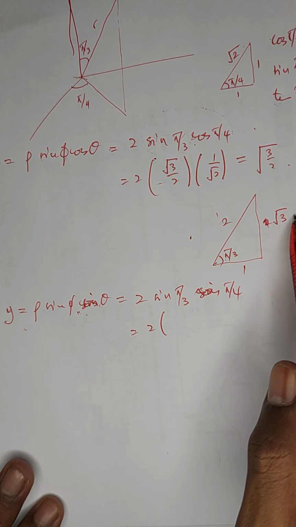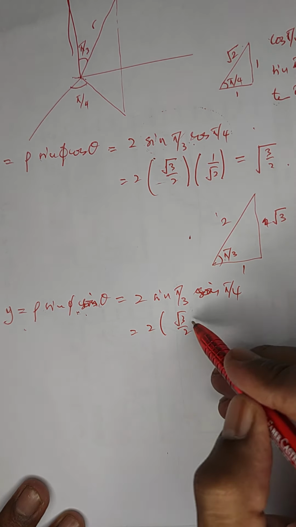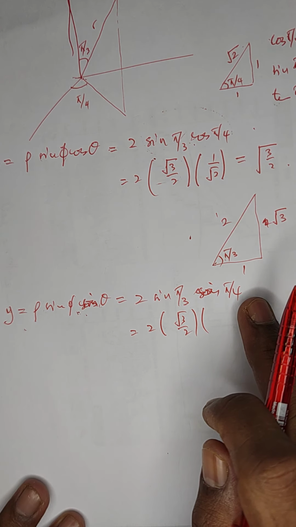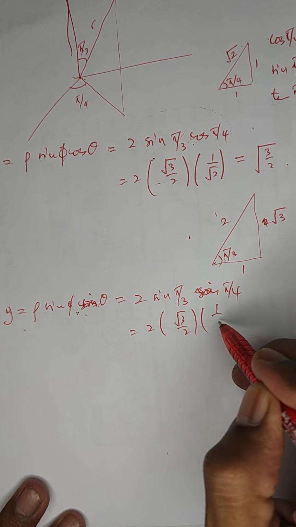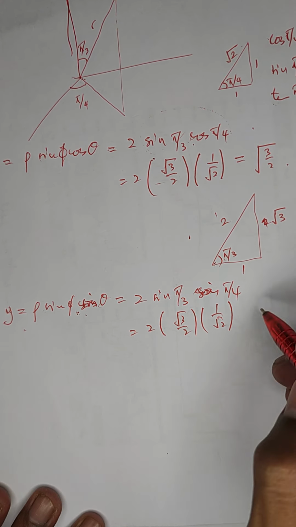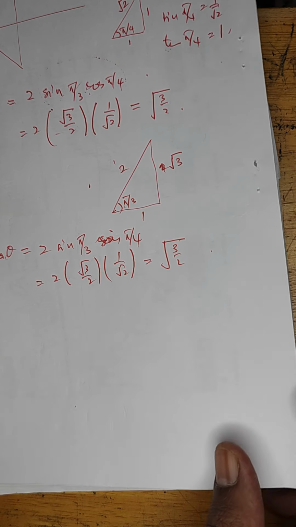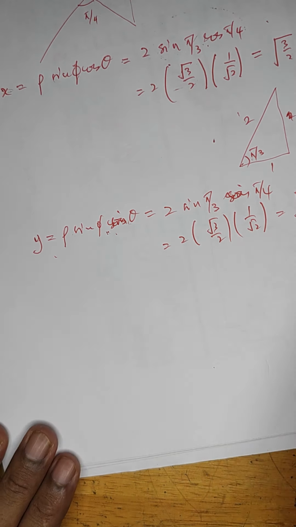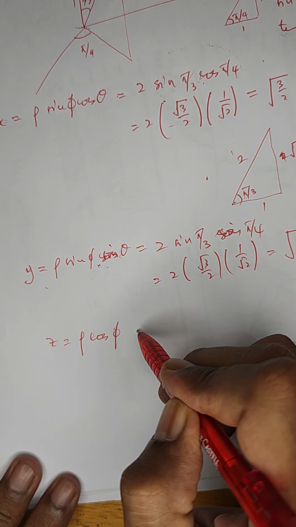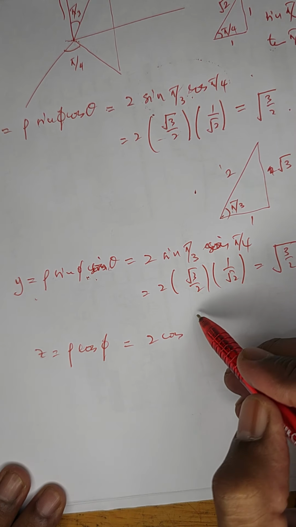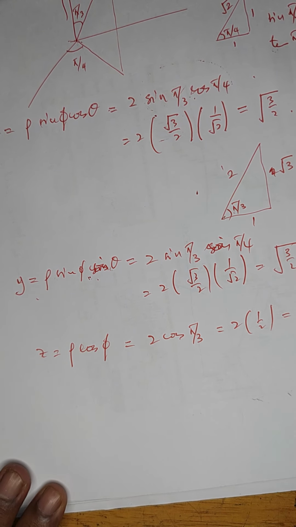Sine pi over 3 is root 3 over 2, and sine pi over 4 is 1 over root 2, that gives you root 3 over root 2. Then you can find z. z is rho cos phi, that gives you 2 cos pi over 3, so 2 times half equals 1.